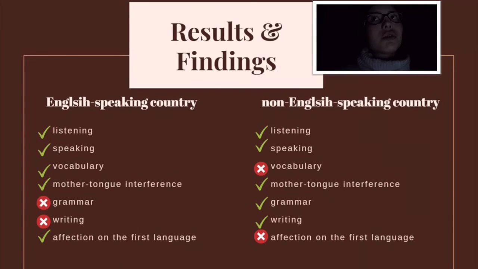Some of them even can't speak their mother tongue correctly, and they think and count and do everything in English, and it becomes as if it was their first language. In non-English speaking countries, there is no effect on the first language, as students use their mother tongue in everyday life, and they are not forced to use the English language all the time.